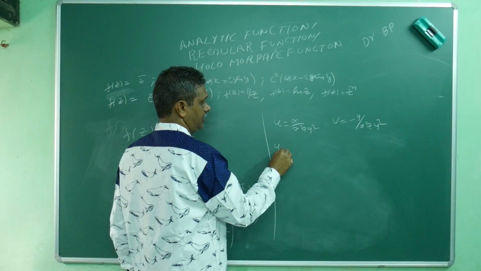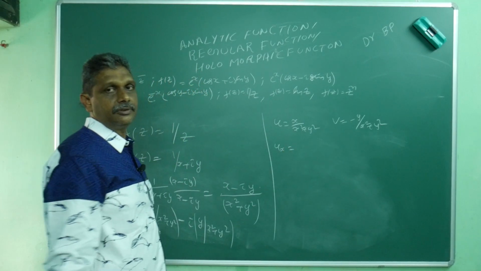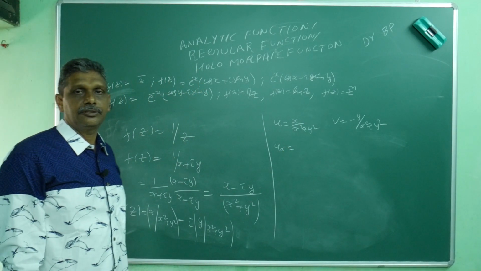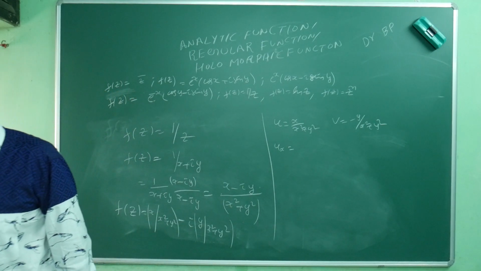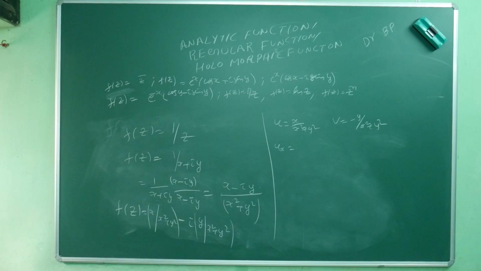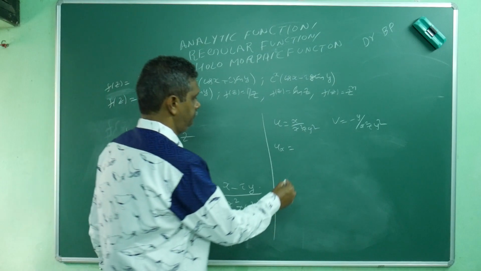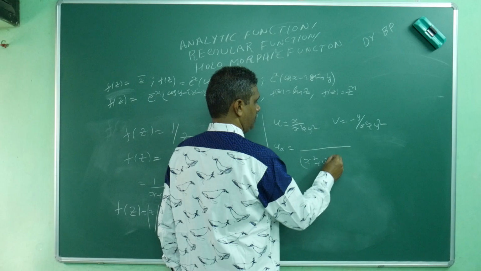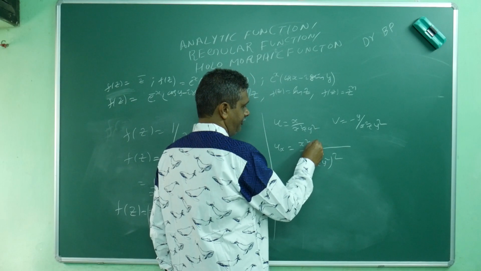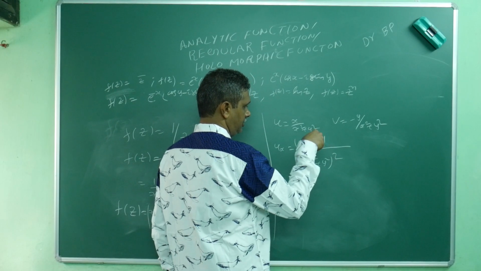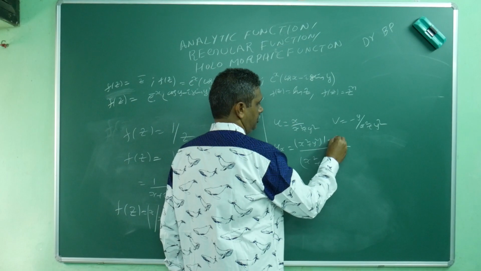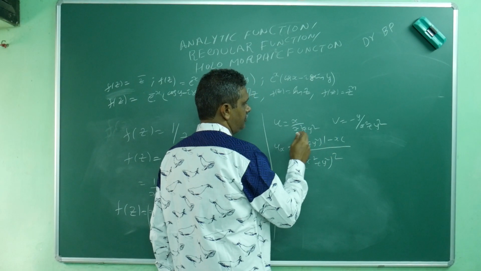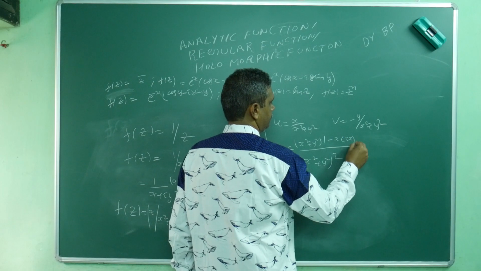Now you can find ux. While doing ux, numerator also has x, denominator also has x, so you can do the u by v method. U by v method means denominator square, denominator into differentiation of numerator, which is 1 with respect to x, minus numerator into differentiation of denominator, which is 2x.